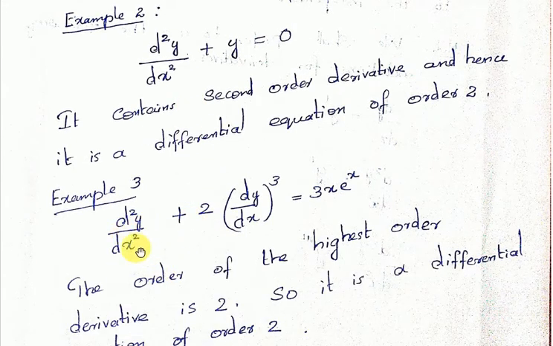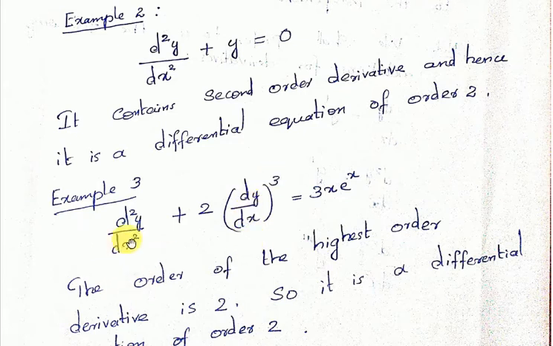Next, we can see another example. d square y by dx square plus 2 into dy by dx the whole cube equals 3x e raised to x. Here d square y by dx square is a second order derivative and its power is only 1. dy by dx is a first order derivative and its power is 3.